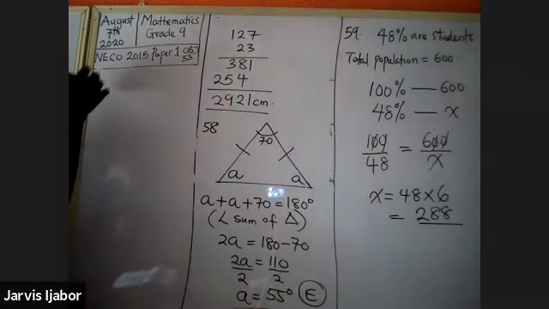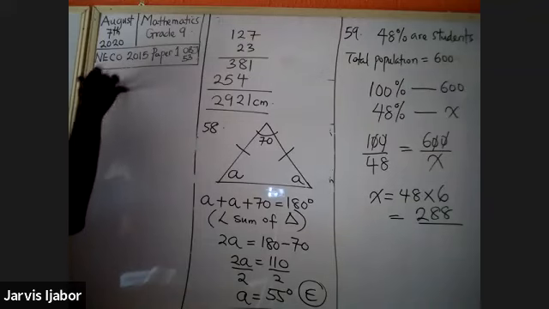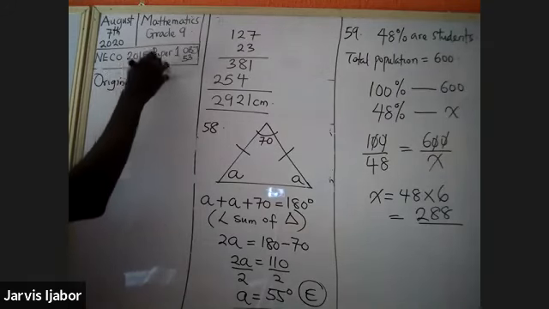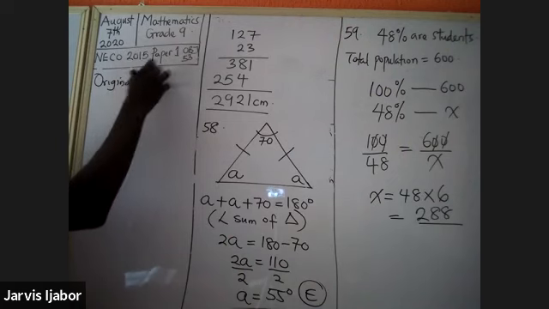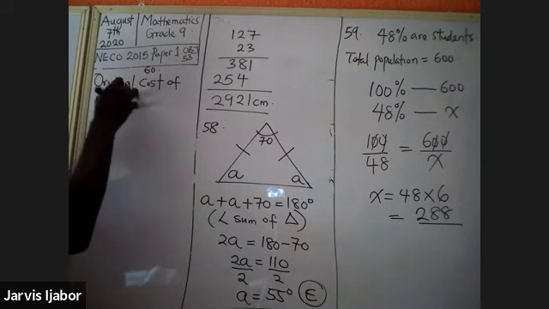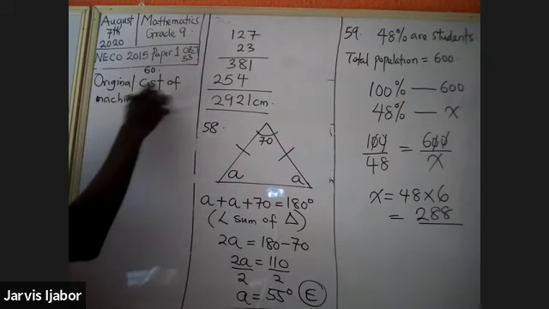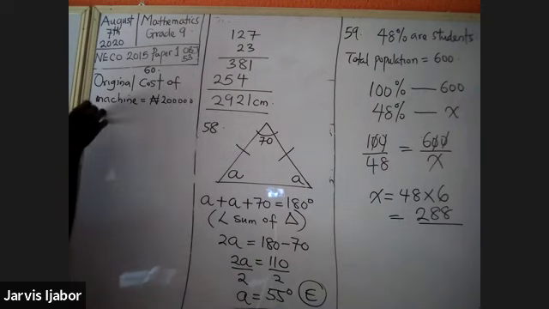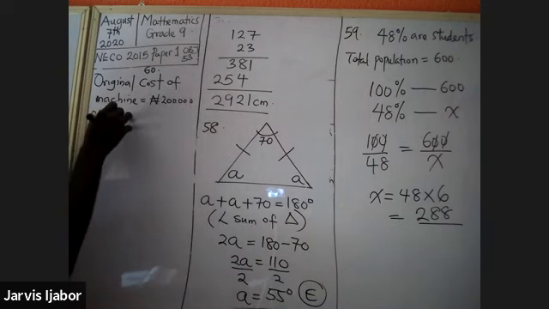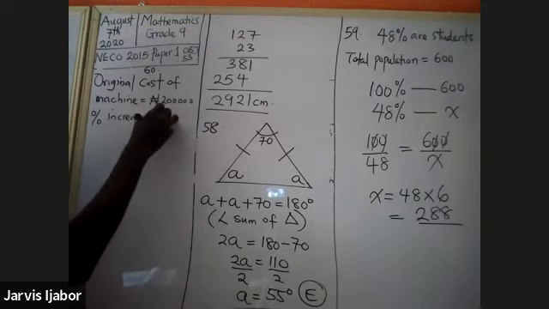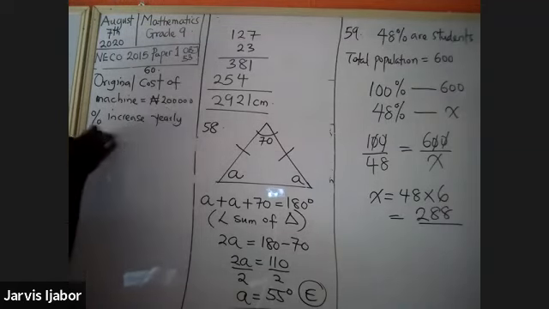So, for question 60, the original cost of the machine is 200,000. So the percentage increase yearly will be 10.